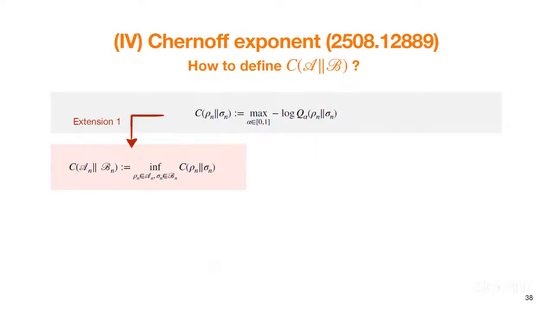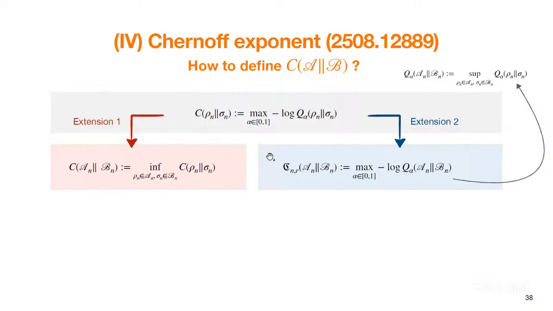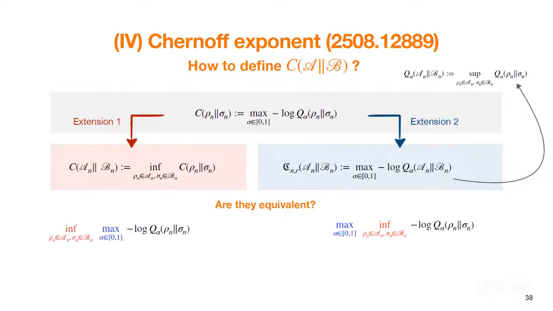Okay, first extension: regarding it as a divergence itself, infimum over all the possibilities that you have. The other one is that you extend the quasi-divergence inside of this expression first, and you make the explicit expression for the Chernoff divergence for the extension. This is extension 2, and we ask whether they are the same or not.